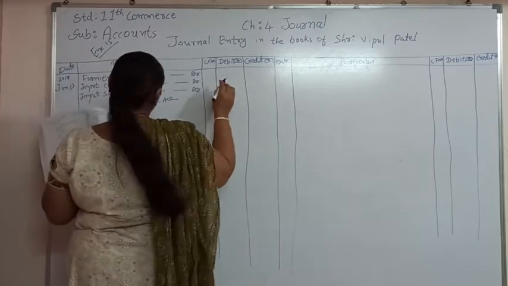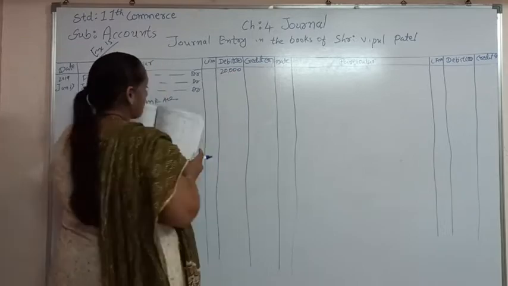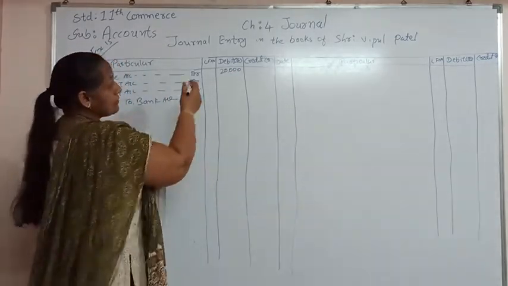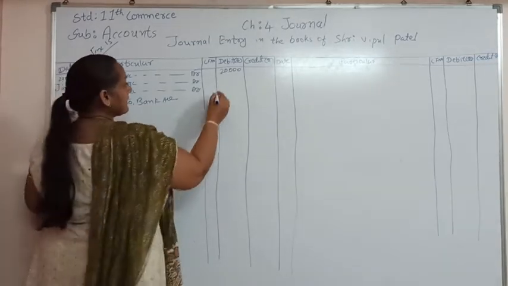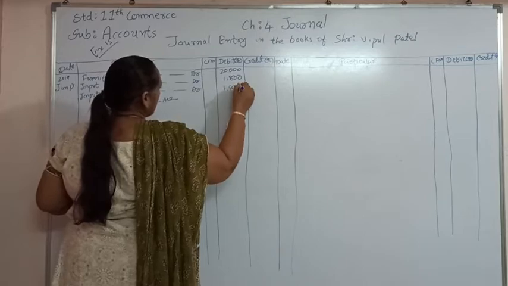So here we have purchased the furniture of rupees 20,000 and the applicable rate is 9%. So 9% of 20,000 will be 1,800 and another 1,800.